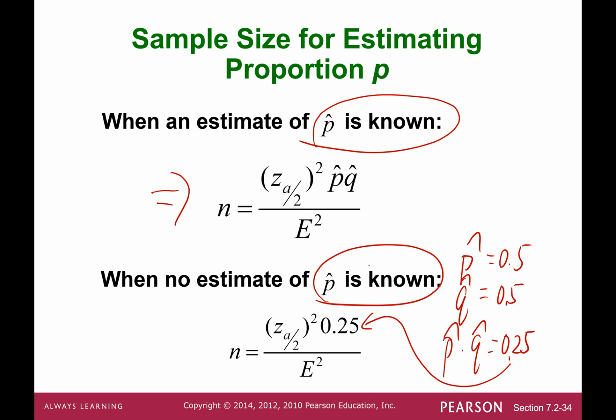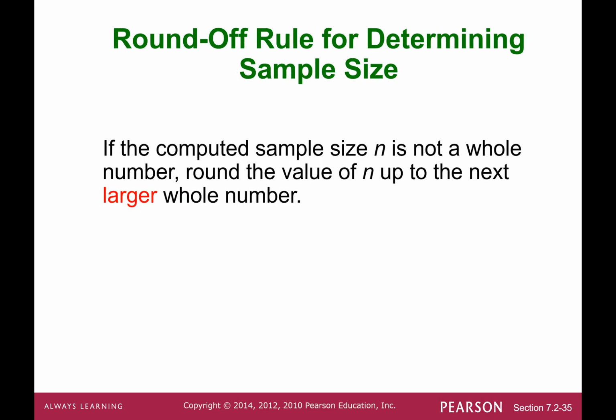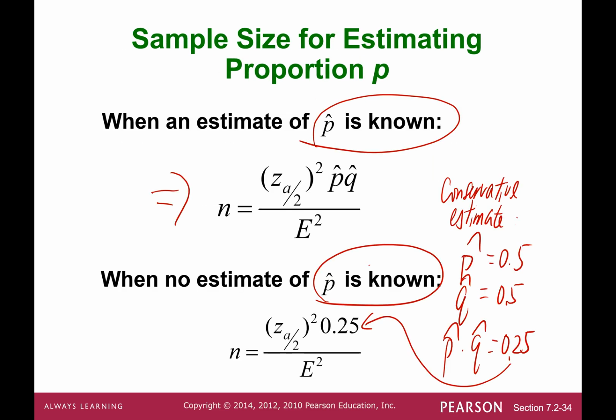Using p hat equals 0.5 and q hat equals 0.5, we get what is like a conservative estimate, which is better off. It is a conservative estimate because 0.25 is the maximum value you can get when you multiply p hat times q hat, and that gives us the biggest sample size among all of them.